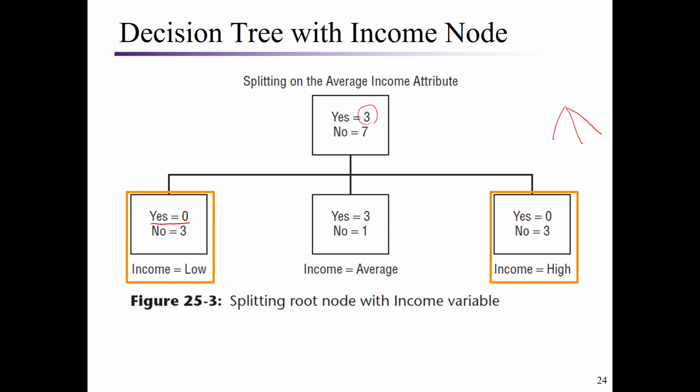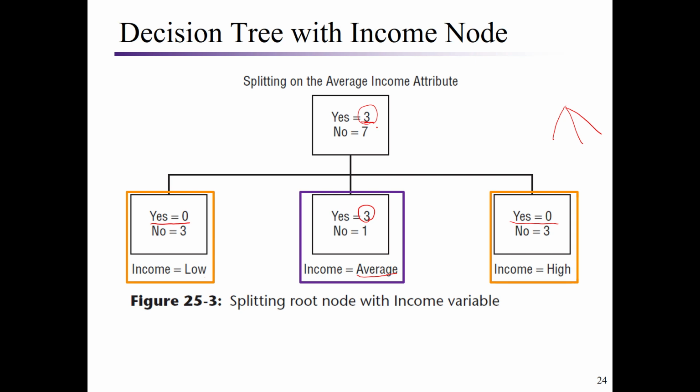Income level high segment, nobody purchased. Only in the segment where income level is average, 3 people purchased, and this number is the same as the total. So we know that income level is an important factor to distinguish consumers who bought and who did not buy.